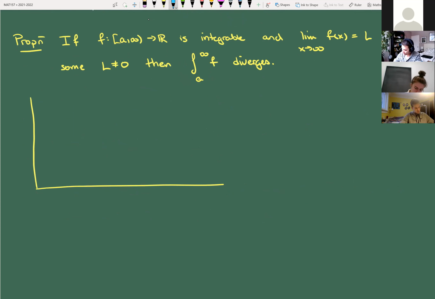So let's say you've got this sort of function and it does something like this, right? It's converging to this point L. I really like it when you guys come up with your own propositions, that's nice. So beyond some point, everything's within L minus epsilon. Let's take epsilon to be L over 2.